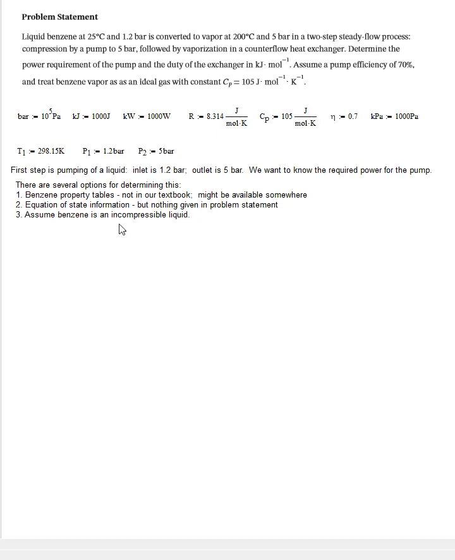The next way we could do this is we could assume that benzene is an incompressible liquid. And if you think about it, this is probably the best thing to do.